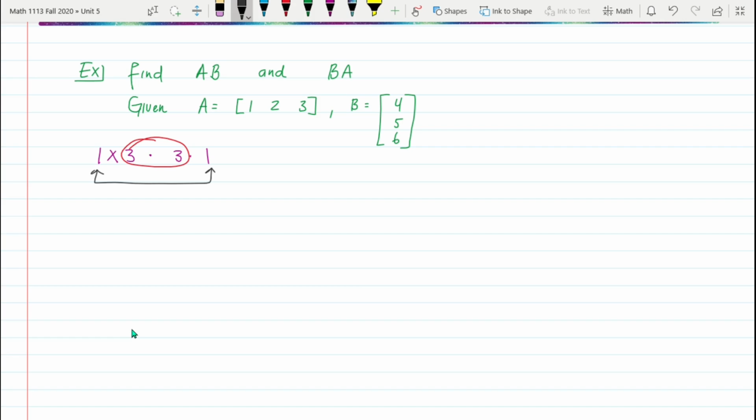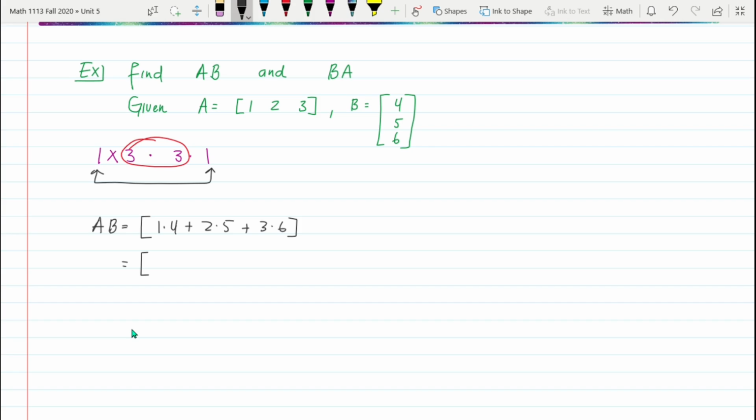Okay, so what's the real solution here? AB is equal to 1 times 4 plus 2 times 5 plus 3 times 6. It's the product between the corresponding elements and then the sum of all of that together.